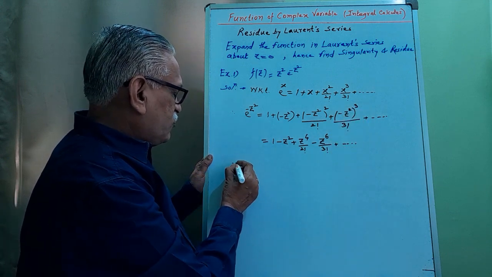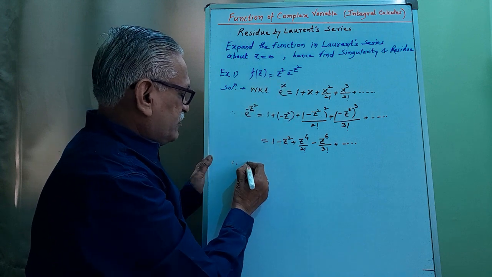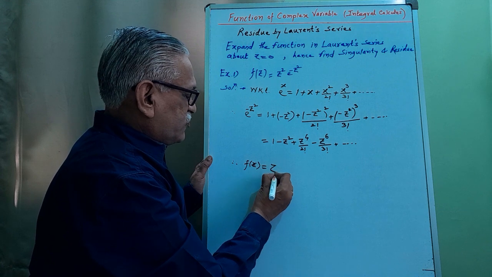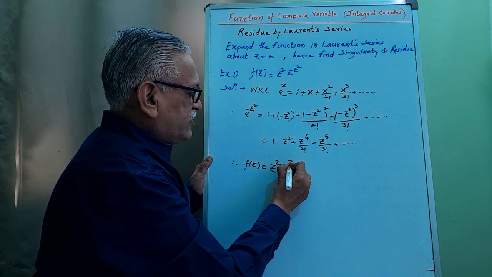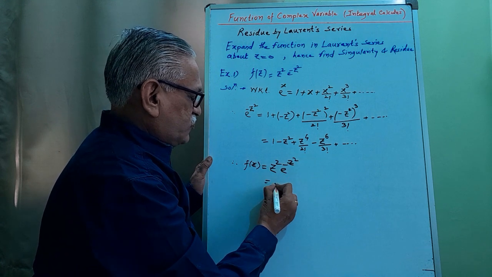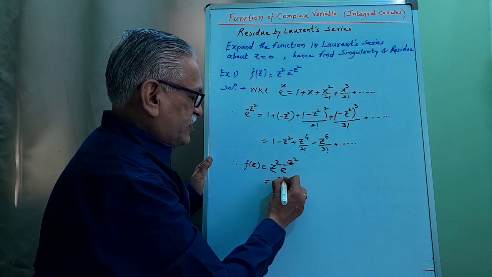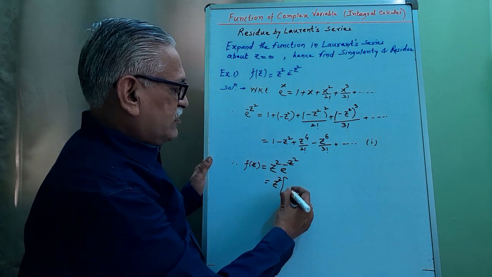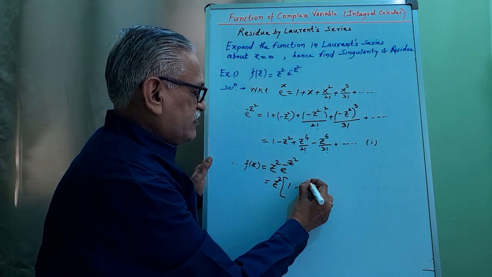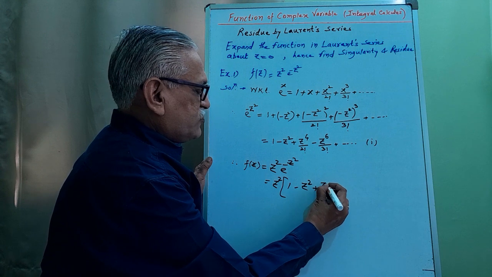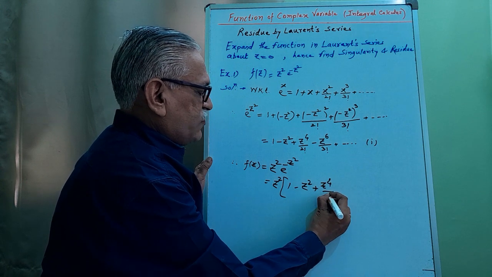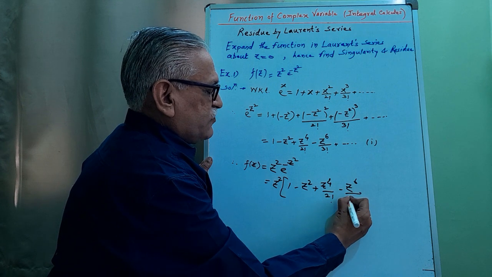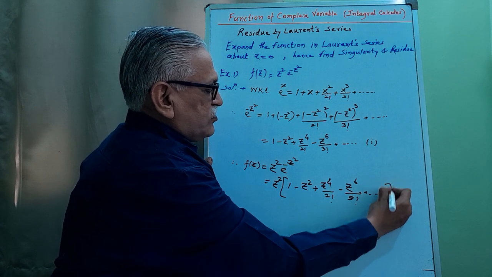Multiplying it by z square, we get f of z as z square into e raised to minus z square equals, multiplying throughout by z square, if we call this equation 1, z square into the bracket 1 minus z square plus z raised to 4 by 2 factorial minus z raised to 6 by 3 factorial and so on.